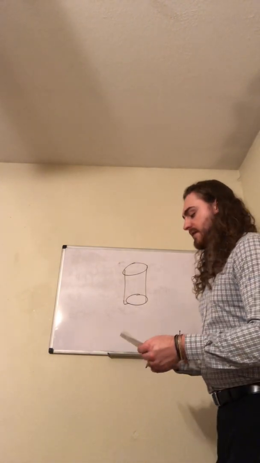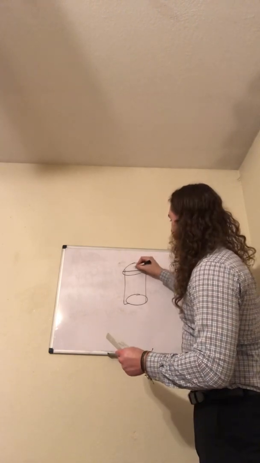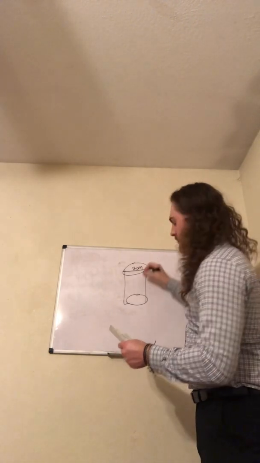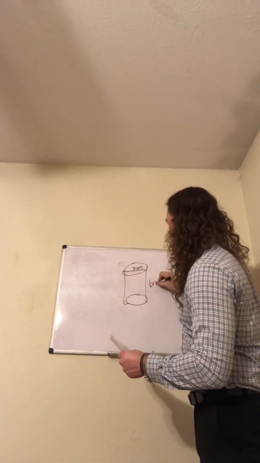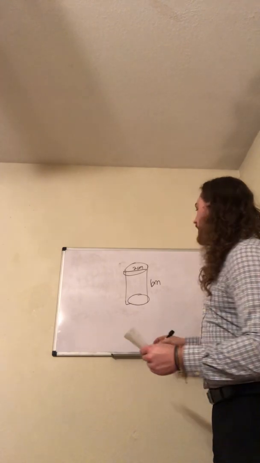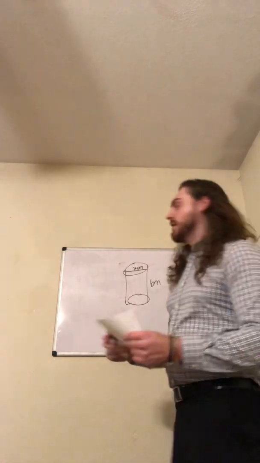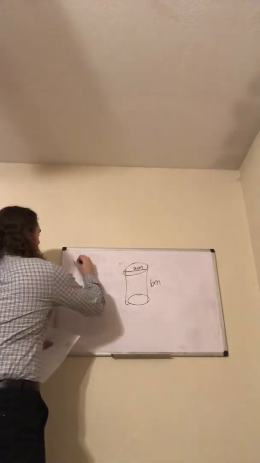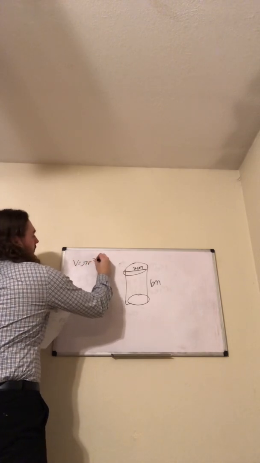If I gave you a cylinder with a diameter of 2 centimeters and a height of 6 centimeters, would anybody be able to give me the equation for this? Yes, it is the volume equals pi r squared h.